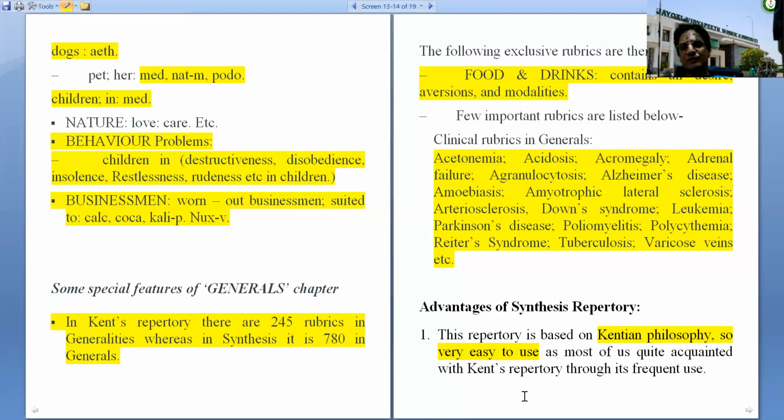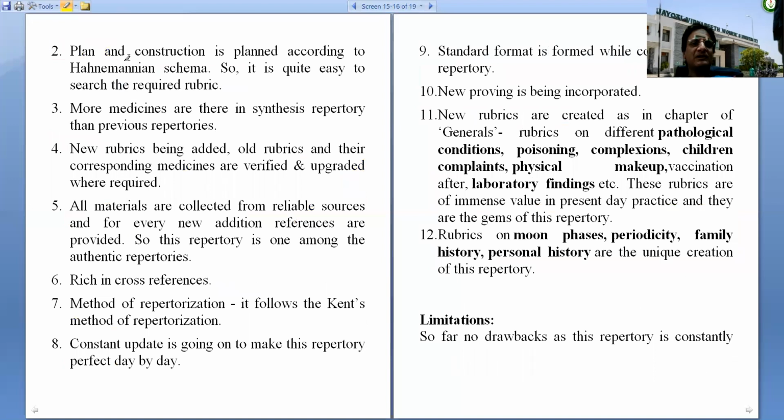Everyone is acquainted with this philosophy, the working method. So no special training is required. The plan and construction is based on the Hahnemannian schema, that is, from head to toe, the anatomical classification.